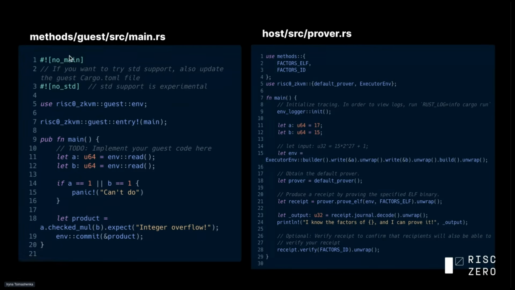This is the program that you will run on ZKVM, and the prover will be sending the data to your guest, and will run your guest program through the prover, and then you can get back the receipt and the receipt contains the journal. This is your public output.